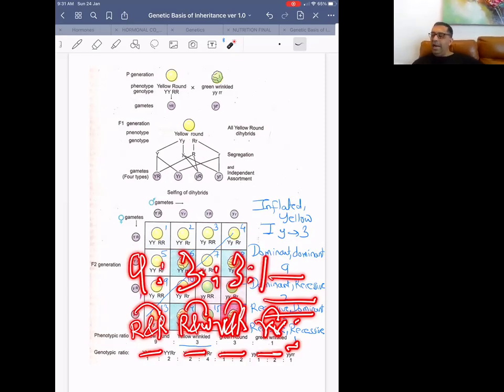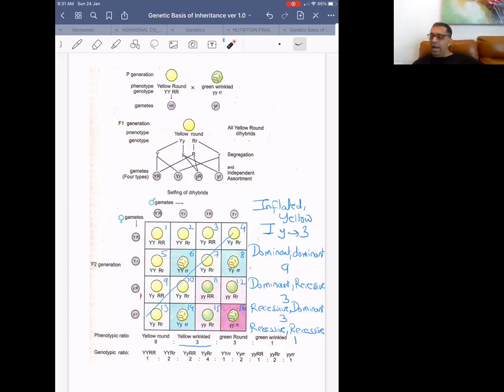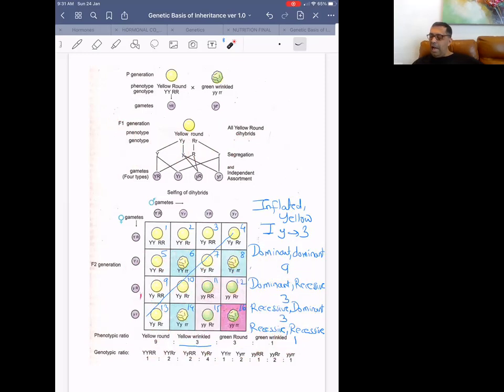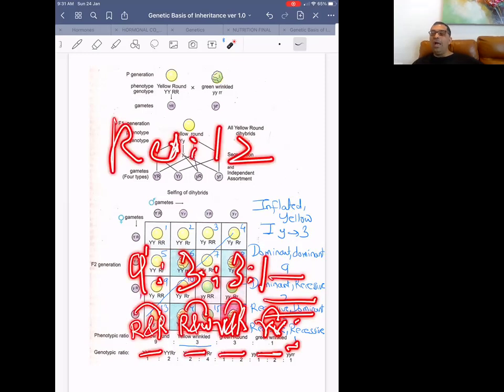So how many reds will you get? Red you will get 12. If you remember, 9 are round and red and 3 are round and wrinkled. So red you get 12.